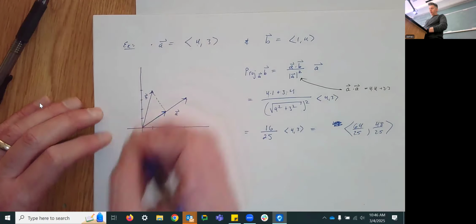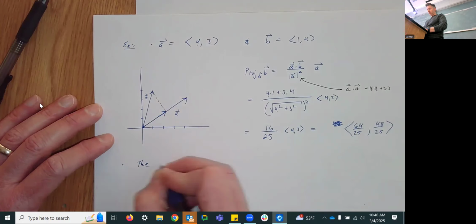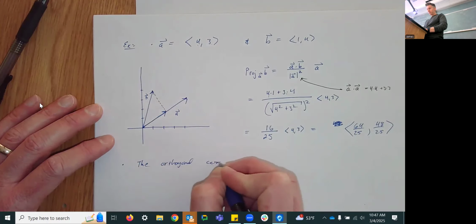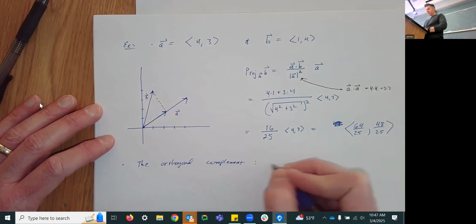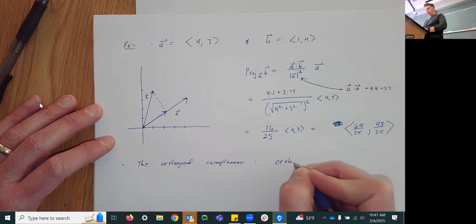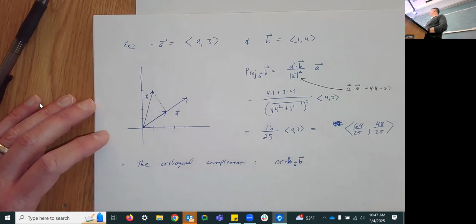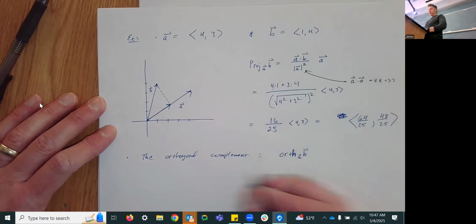Another thing people ask about or talk about here is the orthogonal complement. The orthogonal complement, written as ORTH of B onto A, is the vector you would have to add to get back B. So here's the idea.